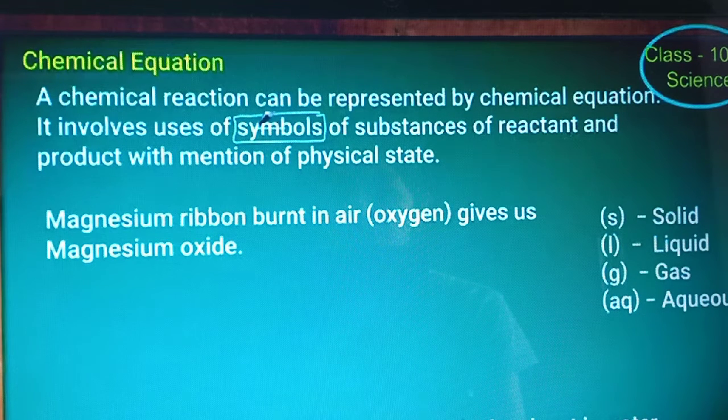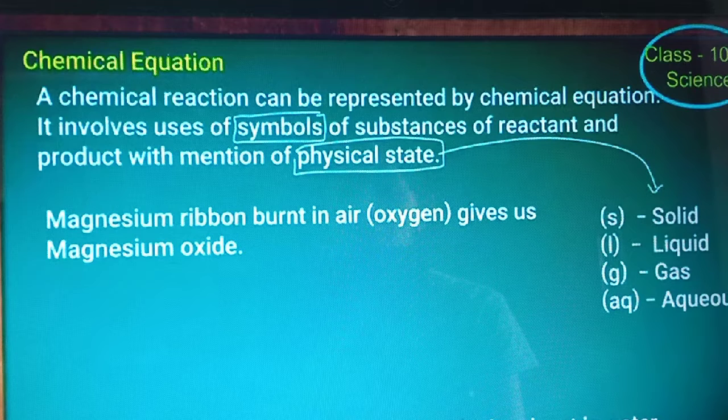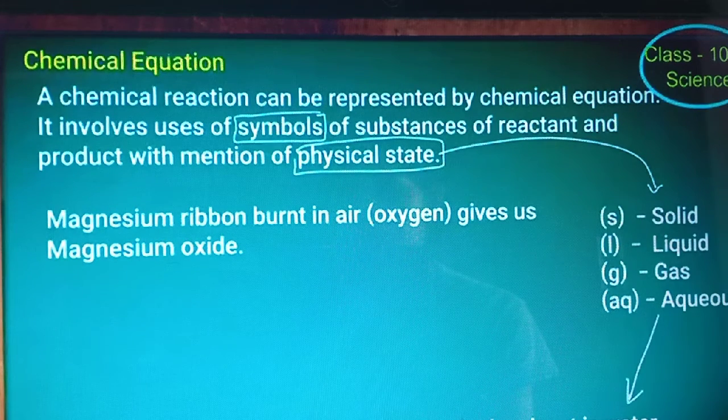Physical state means whether the substance is in solid form, liquid form, gaseous form or aqueous form, which we have to denote. What is the meaning of aqueous? Aqueous means if we get the substance in a form soluble in water, then we consider it an aqueous solution.